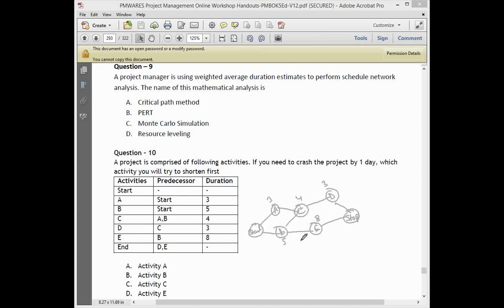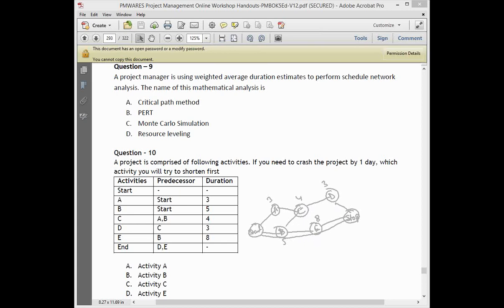Correct. Now, which is the critical path? This is the critical path, right? Correct. Why not this? Why not B? Why E? So when we crash, simply because it has more duration. If you do B, how will it impact the path?